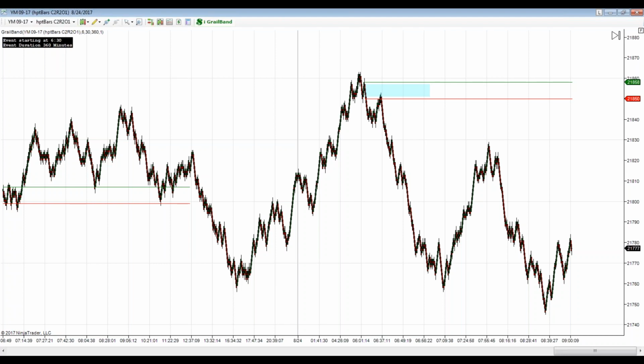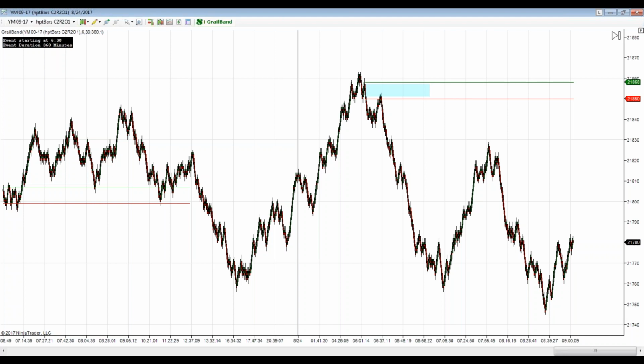And I'll talk about those. In addition to that, you got 2 new what I call Grail Traders. You got the Grail BTS Trader, and you got the Grail time band trader.